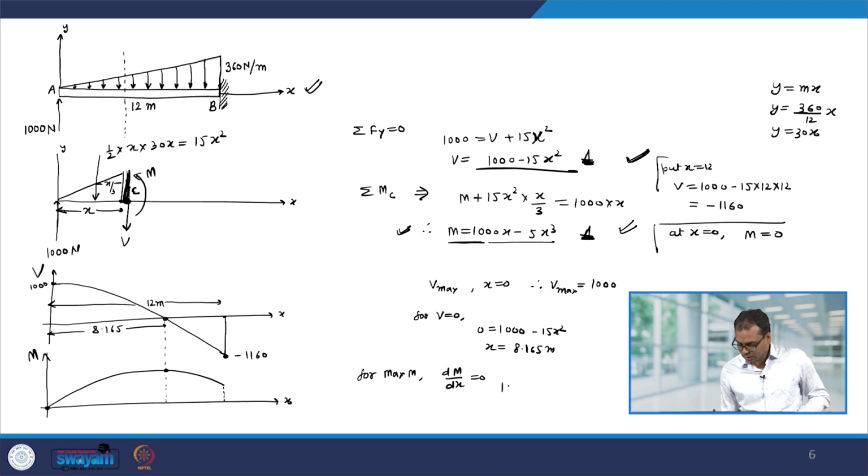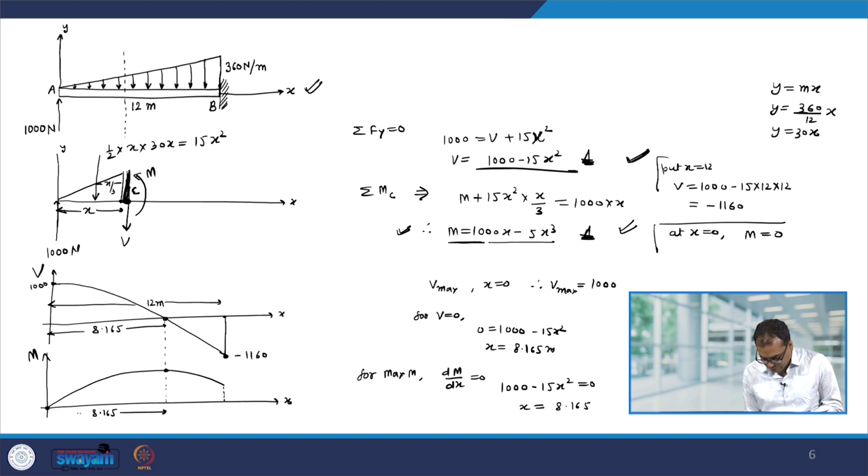So, that will be 1000 minus 15 x square equal to 0. From here you can find out the value of x. So, x will be square root of 1000 divided by 15 and it will come out to be 8.165 meter. So, therefore, this is also 8.165 meter, and at that we have the maximum value of m.